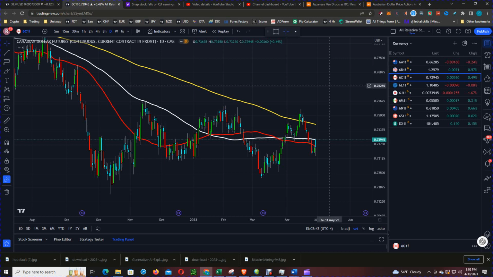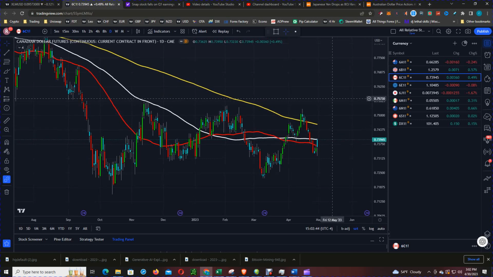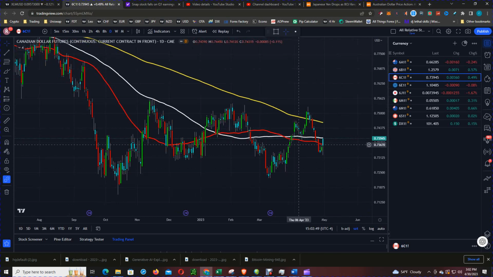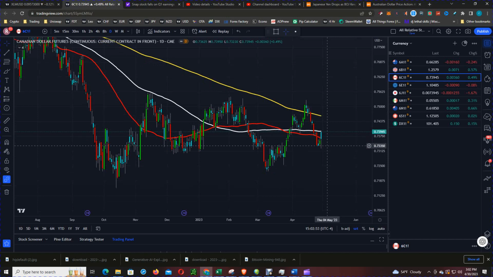All right, let's go to the next one. Canadian dollar. So we can see where price is right now. Price is between the white and the red, so it's between the 100 and the 50.